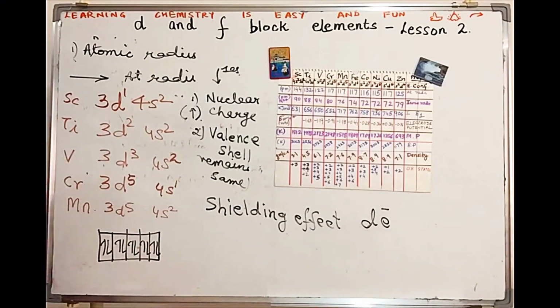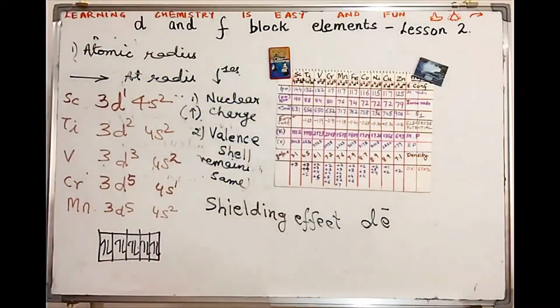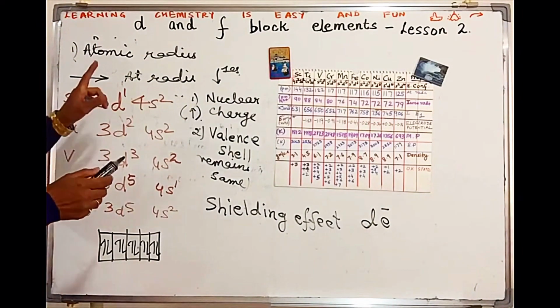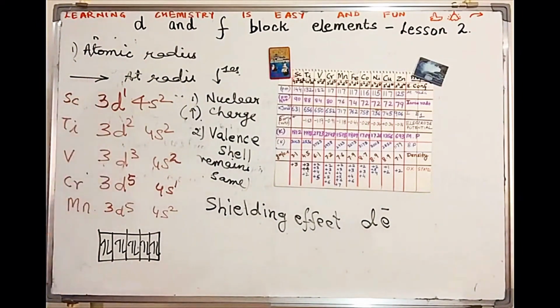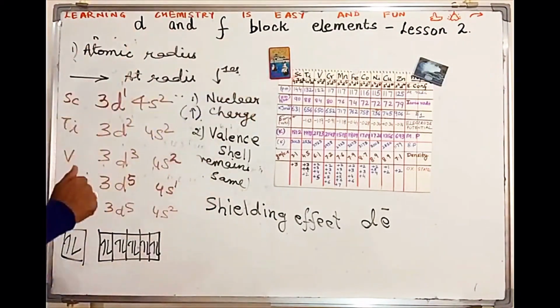And where are all the electrons paired up? 125 in the case of zinc, where the configuration is 4s2 3d10. So because the s and d electrons are completely paired up, the interelectronic repulsions are higher, and so is the size of the atom in the case of zinc.